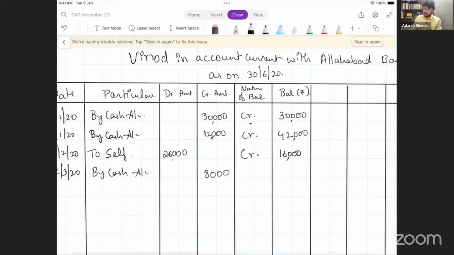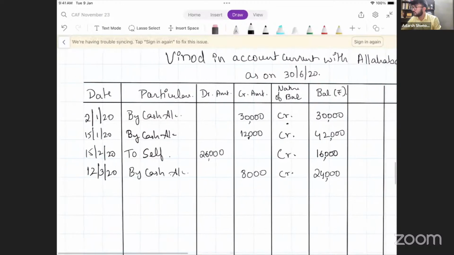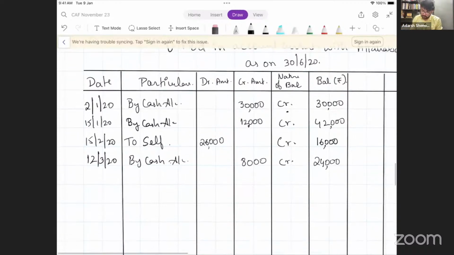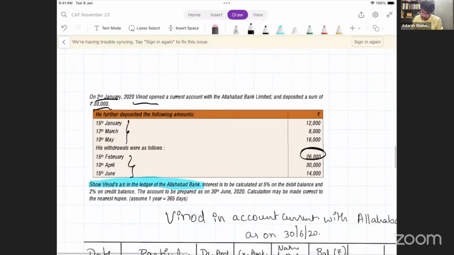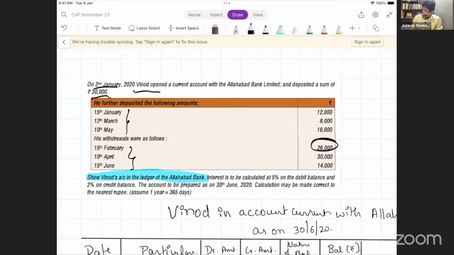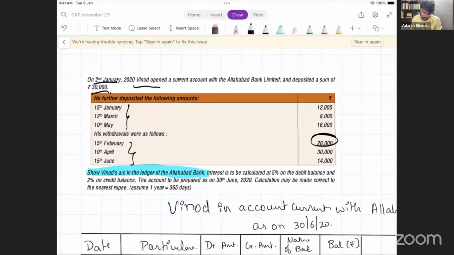Now update the balance. 16,000 credit balance was there. Again, we are crediting. That means we are supposed to add. So it will be 24,000 credit balance. Done. Next, 12th March done.